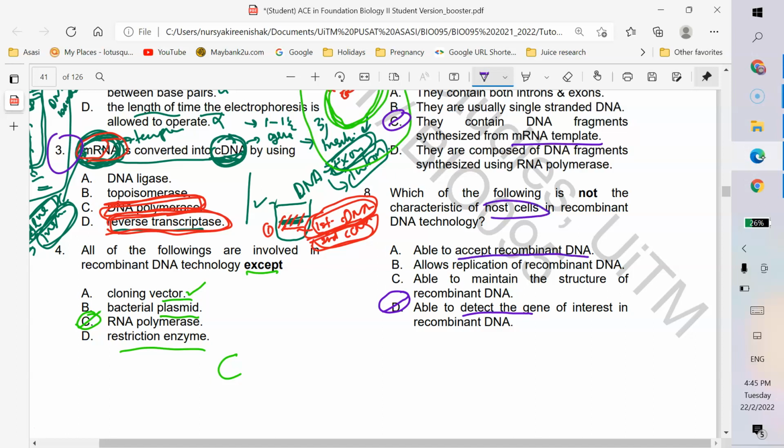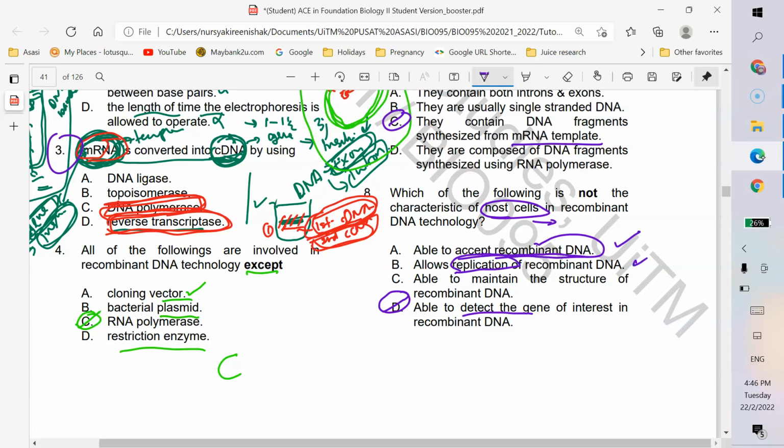The function of the host cell, which is usually a bacterial cell: once you have produced the recombinant DNA, with the gene of interest inserted into the plasmid, you insert it into the host cell, the bacterial cell. So the bacterial cell with the recombinant plasmid will now be able to replicate.